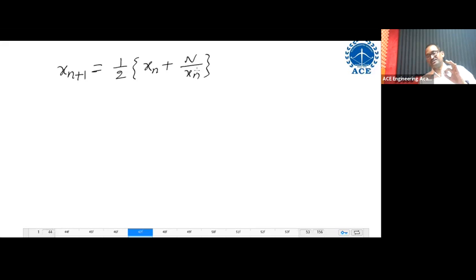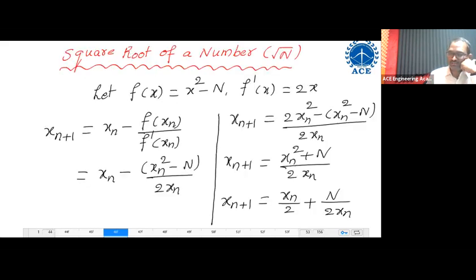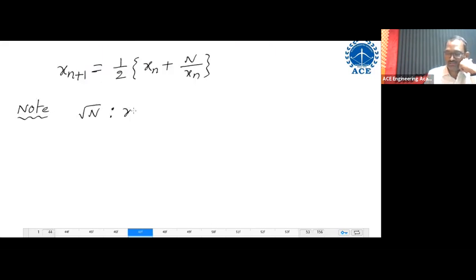In the examination, we were asked what is the Newton-Raphson iteration formula for root of n. Then you will have to use this. Root n, corresponding polynomial is x square minus n. X square is equal to n, or x square minus n is equal to 0. What is the iteration formula?